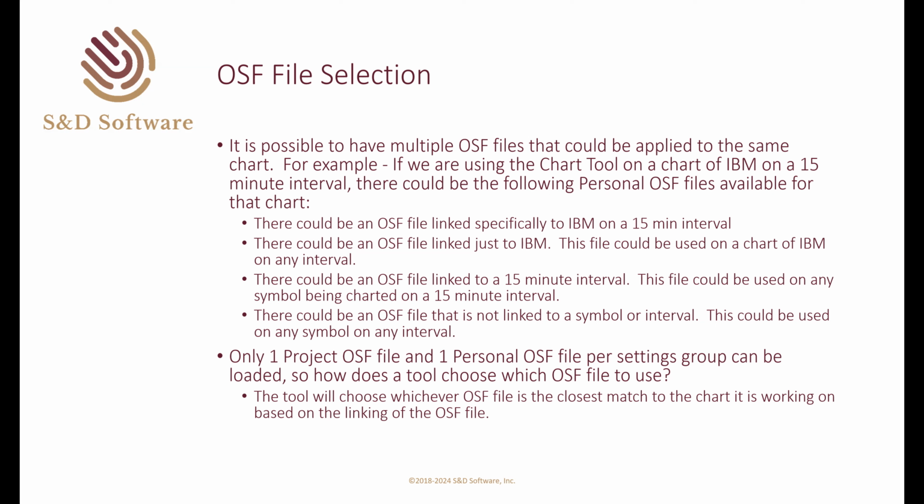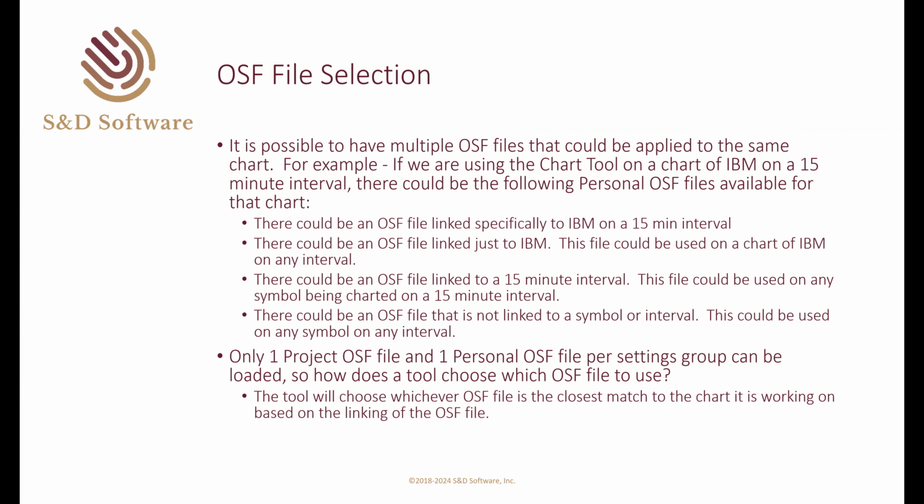If it can't find one that's an exact match for the symbol and the interval, it's then going to look for one that's linked to the same symbol, because that would be the next highest priority. And if it can find one that matches there, then it'll take that and stop looking for others.